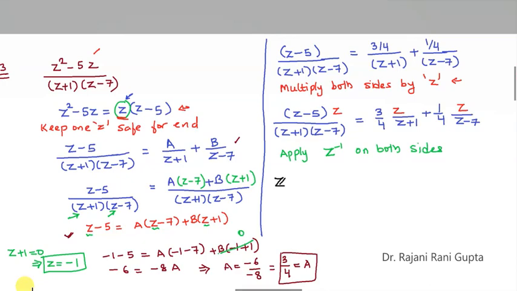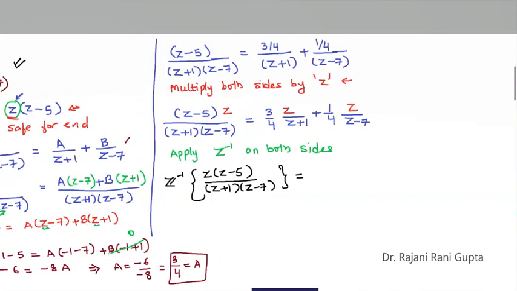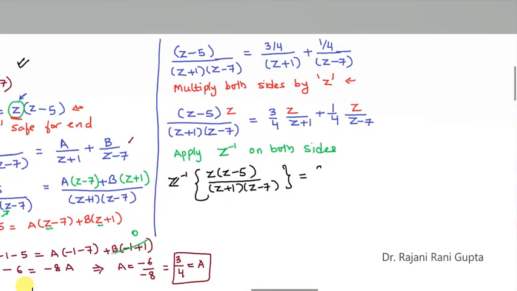Finding the inverse z transform of this term, which is the same as our question, z times z minus 5 over z plus 1 z minus 7, is the same as finding the inverse z transform of these terms, which is 3 over 4 inverse z transform of z over z plus 1, plus 1 over 4 inverse z transform of z over z minus 7.